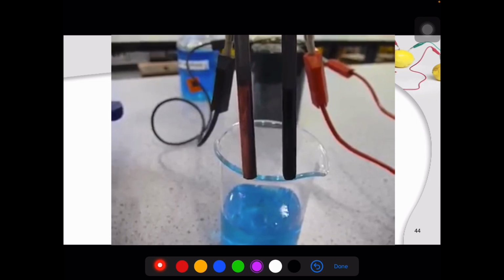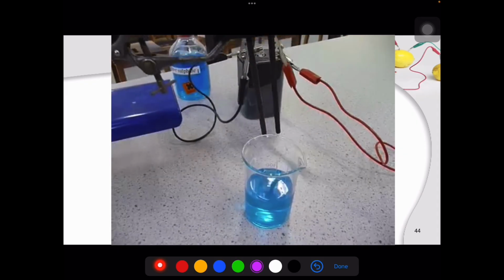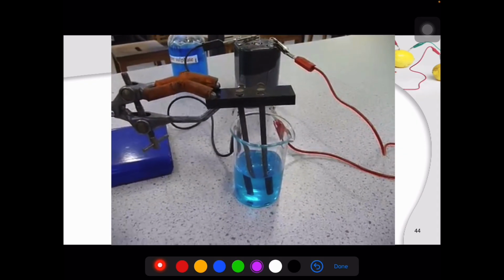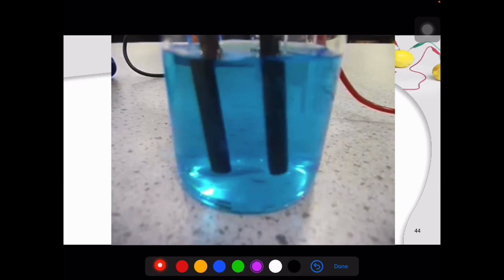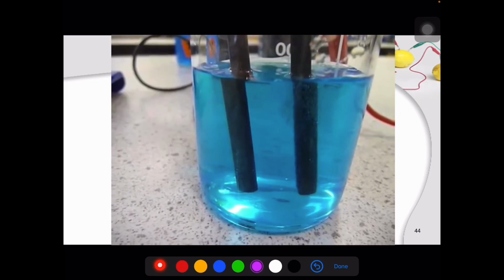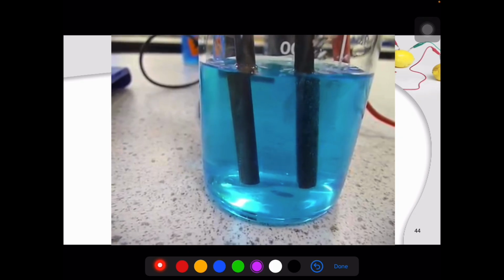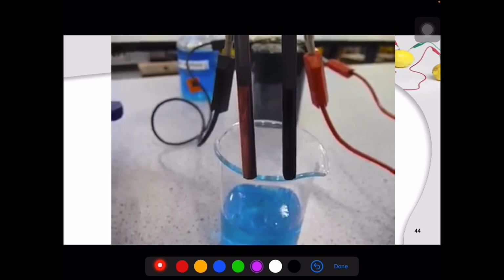Let's take a look at this video again. Alright, as you can see from this video, when the electrodes went into the solution and the electricity is run through, one of the electrodes had effervescence, the other electrode had this reddish brown solid forming over here.